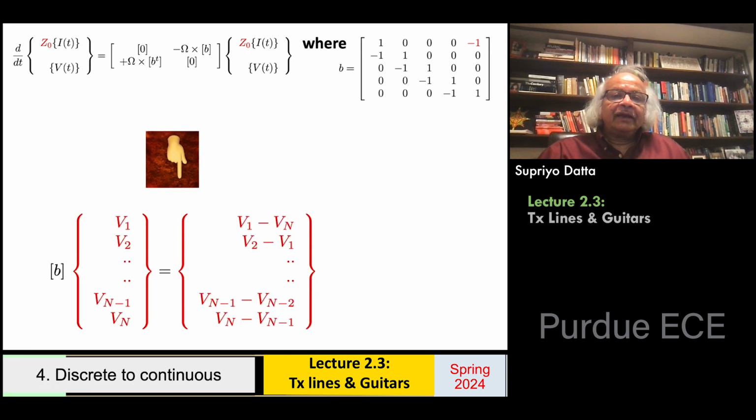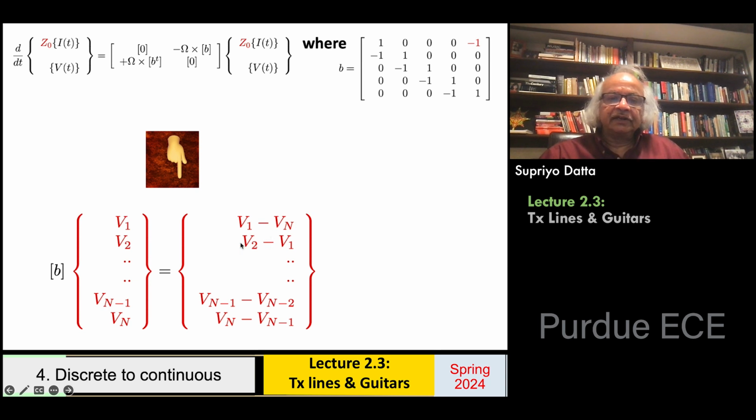Now, in the discrete limit, we had this matrix B, and when it acts on a set of voltages, if you have n sections, you got n voltages. What you get is differences like this, V2 minus V1 or V3 minus V2. Why is that? Well, basically B has 1 on the diagonal and a minus 1 on the lower diagonal.